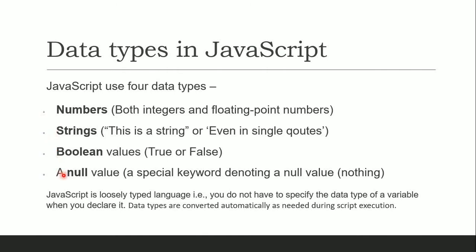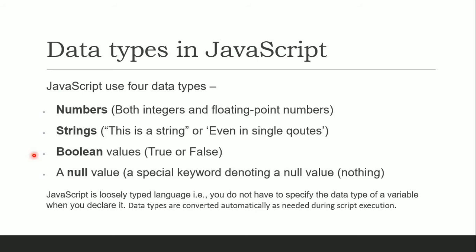So numbers will include both integers and floating point numbers, whereas for string, all information in double or single quotes would be regarded as string, and then boolean will enable us to choose between two values, true or false. And then finally, there are times when a null value would be used, meaning nothing.